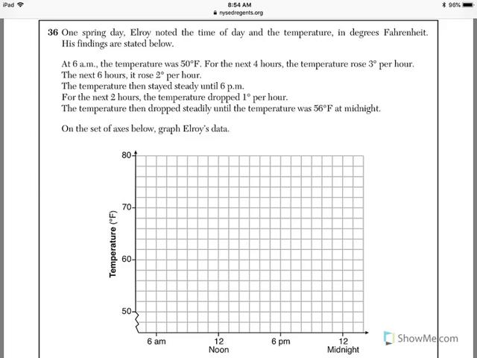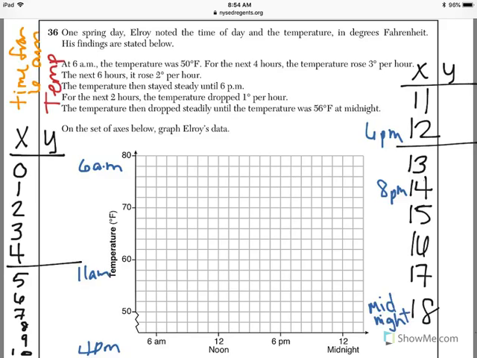So what I chose to do was I made a table and then I plotted my points. Now you don't have to do a table, I just found it helpful. Okay, so here's the setup of my table.